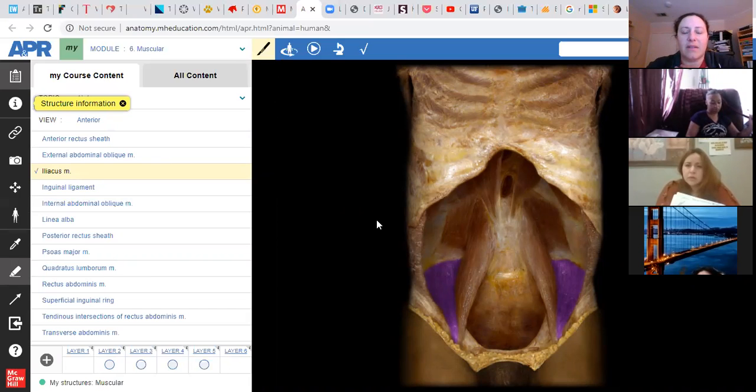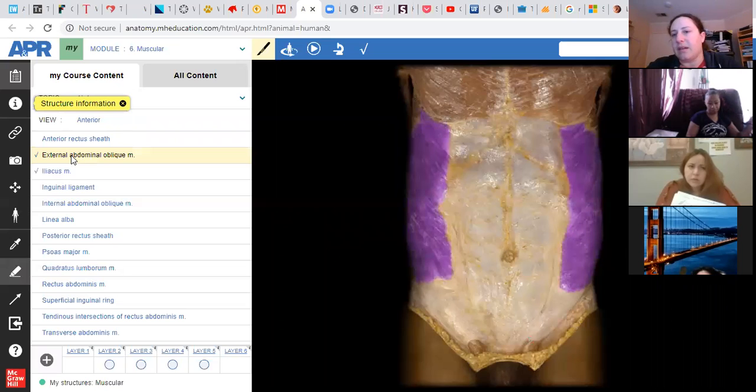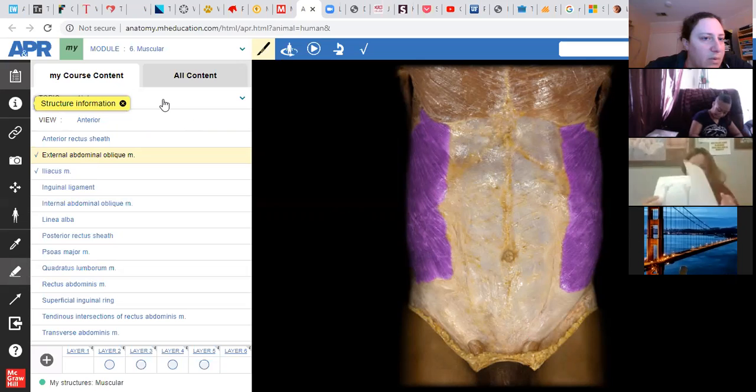But with this, it should be very unambiguous because you're going to be able to see exactly what is being asked about, like no question, like which one is highlighted. So hopefully that will actually help with the muscle and bone stuff. Because we can do that for the bone too.